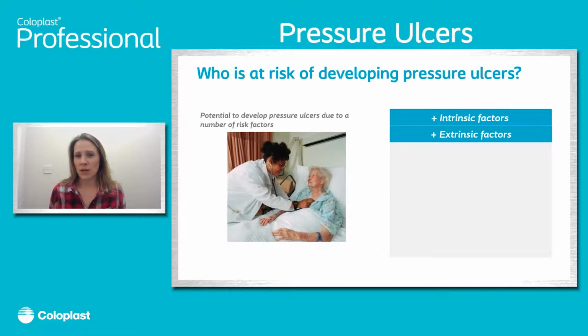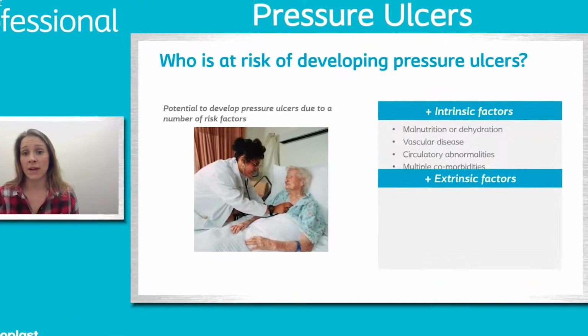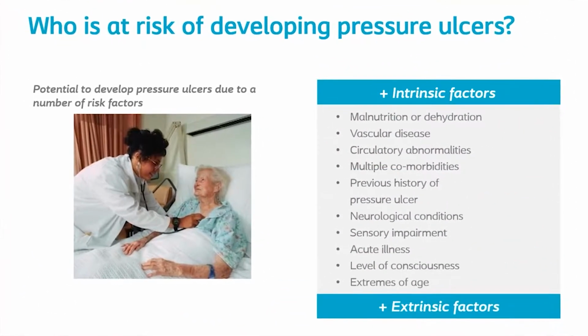We're going to look now at some of the intrinsic factors first, so some of the things that can be associated with an increased risk of developing pressure damage. They can be things such as previous history of an ulcer, any circulatory abnormalities or problems, vascular disease. If somebody's acutely unwell and has a reduced level of consciousness, for example, it could be that they've had a fall at home and a long lie on a hard floor.